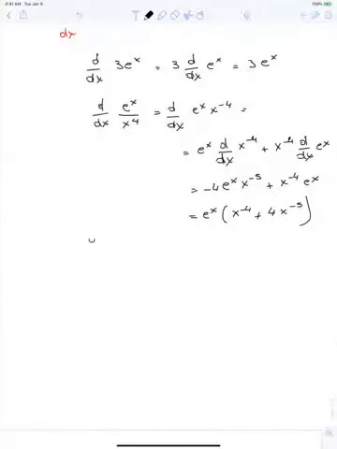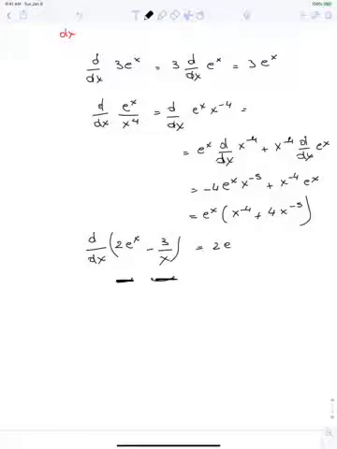Well, if we have the derivative of 2 times e power x minus 3 divided by x, here we have to use the linearity of the derivative. So we're going to do the derivative of this one minus the derivative of this one. The first one is pretty easy.